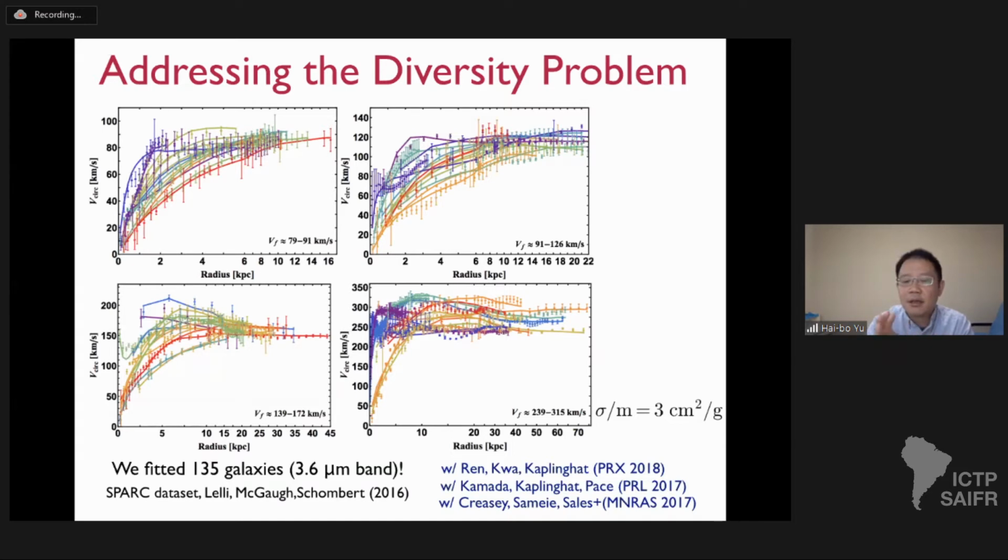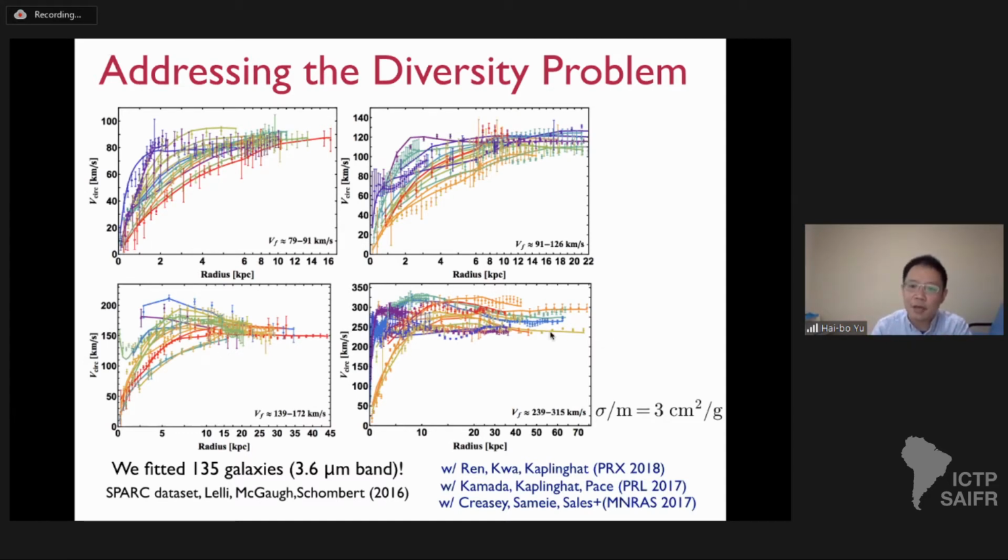Given Vmax, the NFW profile has 2 free parameters, but they are strongly correlated, so essentially there's 1 free parameter. You vary the Vmax to match the data in the outer region, and you vary the concentration, but that is very strongly constrained from cosmological observations. Then the rest of it is just predictions.